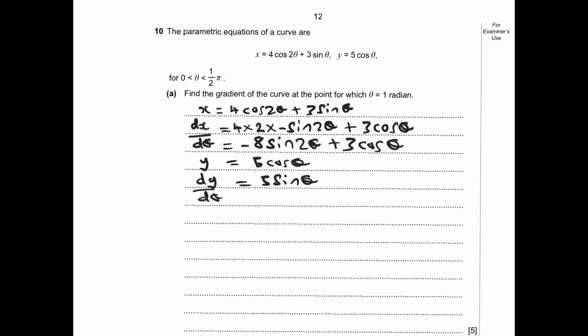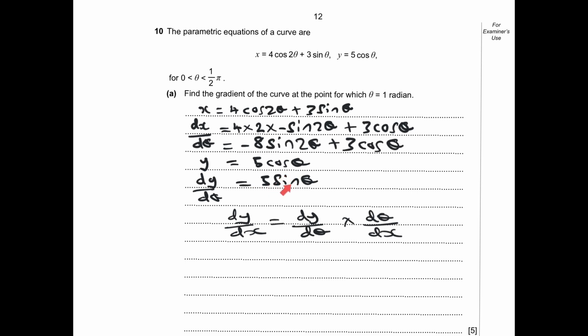But remember of course that dy dx, the chain rule, is going to be dy d theta multiplied by d theta dx. That's what we are having here. So we just need to plug in.